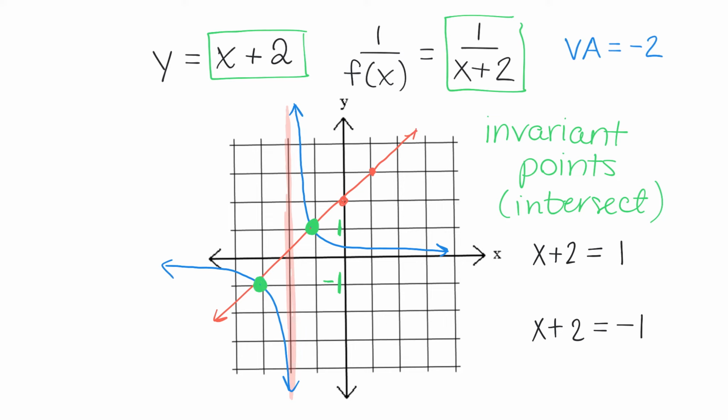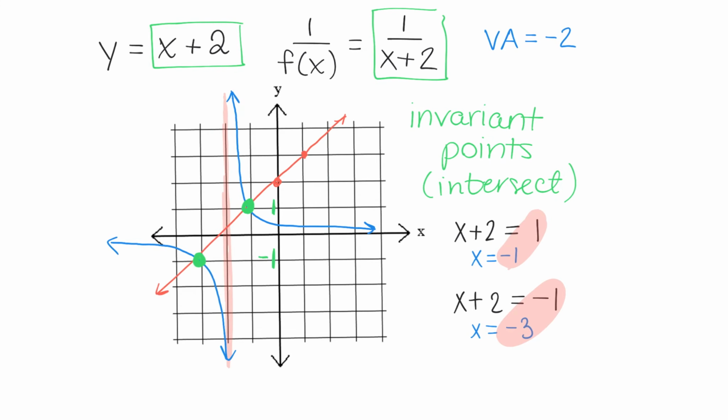Then I'm just going to solve: x equals -1 and x equals -3. So the coordinates of where these happen, remember, we made your y 1 and -1. Therefore the coordinates of the invariant points are (-1, 1) and (-3, -1).